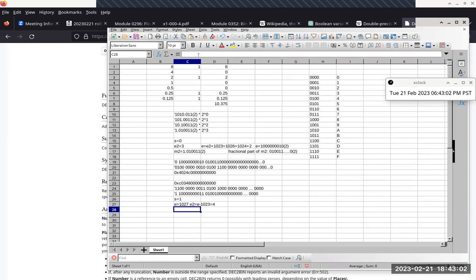So now the question is, what is M2? M2 always starts with 1 point. That part I don't even need to know why. But the rest is going to be 0, 1, 0, 0, 1, and then a bunch of zeros. So I'm just going to stop here. Are we still doing okay so far with how I got M2?